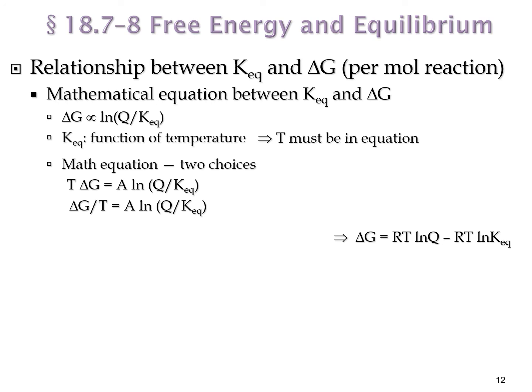So that means the unit of A is determined by the unit we have on the left. Remember that temperature has a unit of Kelvin. Delta G has the unit kilojoules per mole of the reaction. So A has a unit of joules times Kelvin per mole.